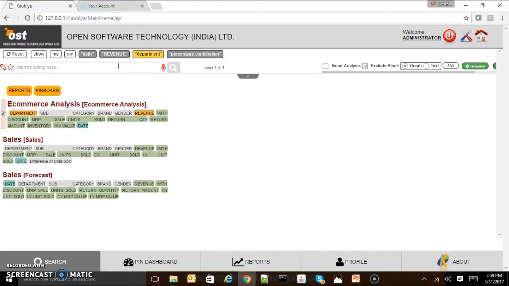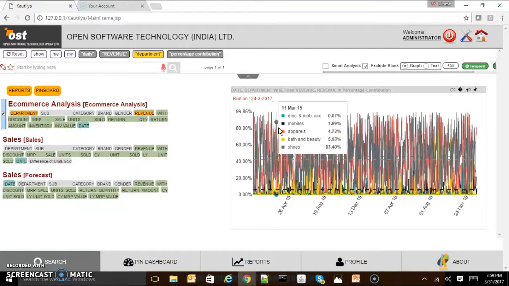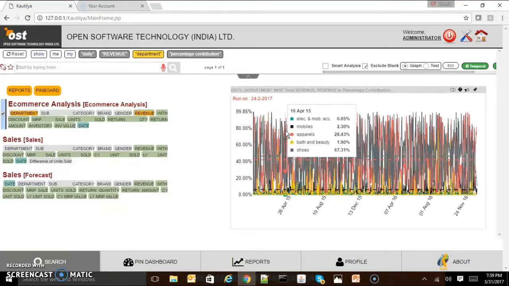So now on the fly, it calculates the information, and now it tells me that on each day, how much is my percentage contribution for different divisions. So this particular day, on 18th April, I'm actually doing 92.69% of my revenue coming in only from apparels.